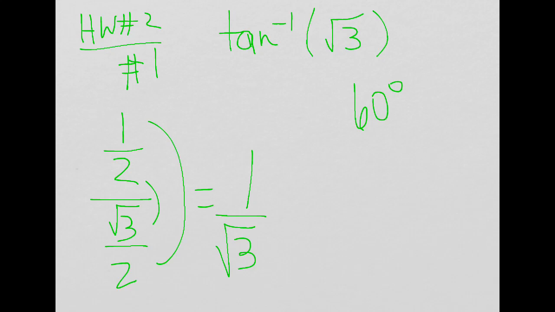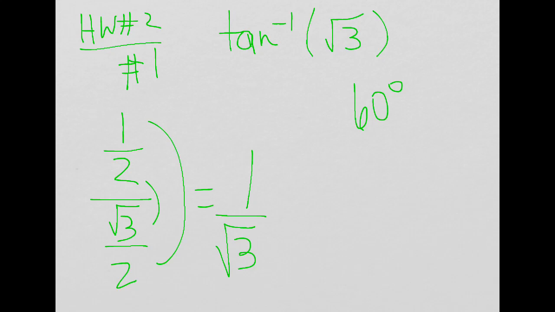The only other thing that you have to look for is that this is a positive tangent, right? There's another angle that'll give me a positive tangent of √3. What would it be? 300 is in the fourth quadrant. One of those is positive, one of those is negative. So positive over negative, or negative over positive gives me negative tangent.